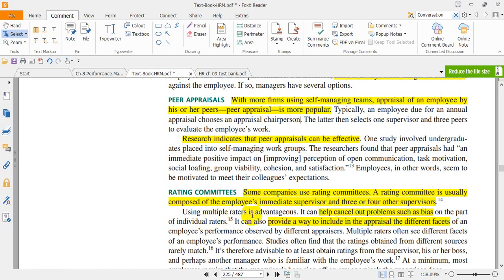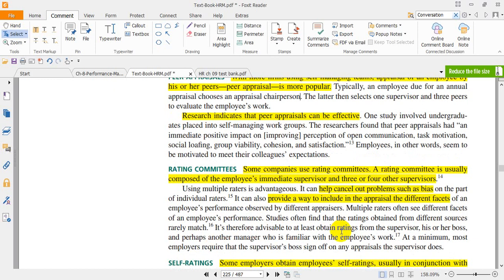Using multiple raters is advantageous. It can help cancel out problems such as bias on the part of individual raters. It also can provide a way to include in the appraisal the different facets of an employee's performance observed by different appraisers.